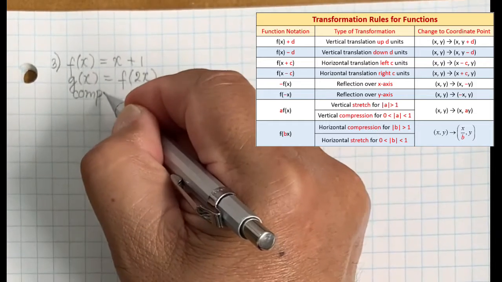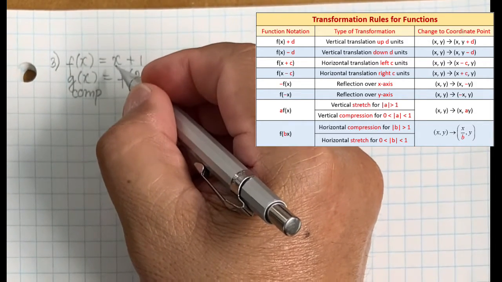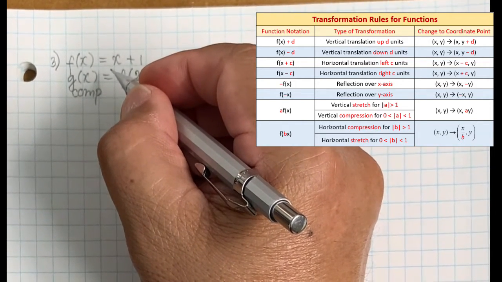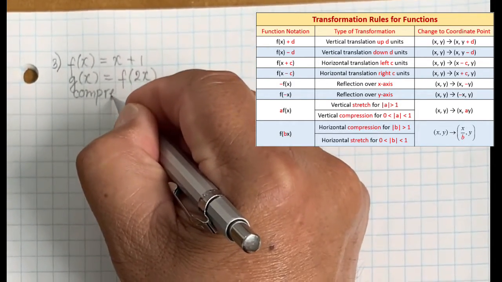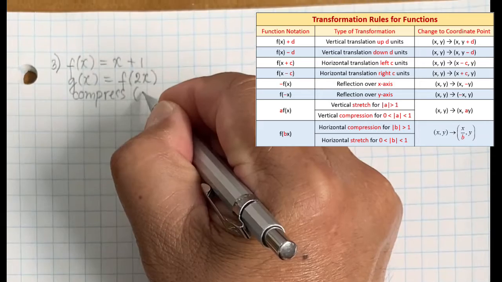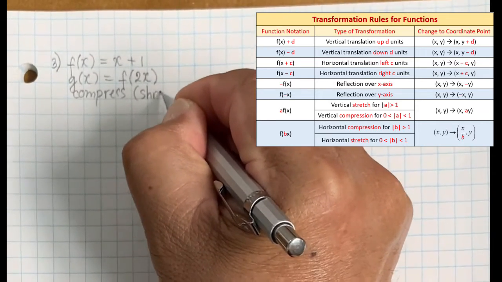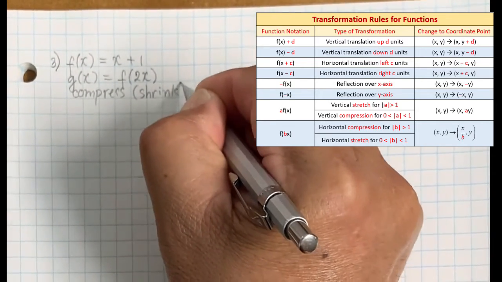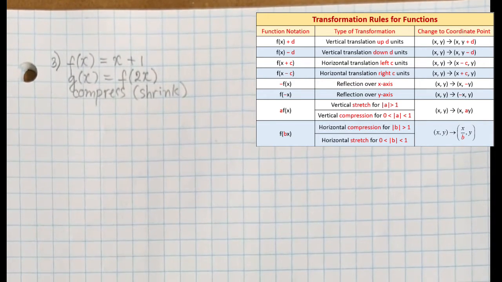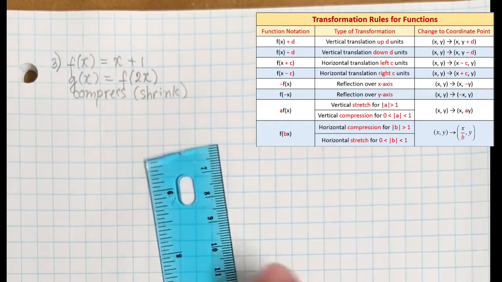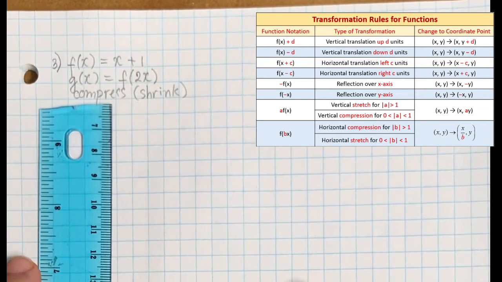or shrink. Some teachers would use the word shrink. Compress or shrink. You need to shrink this. So here's what we need to do.